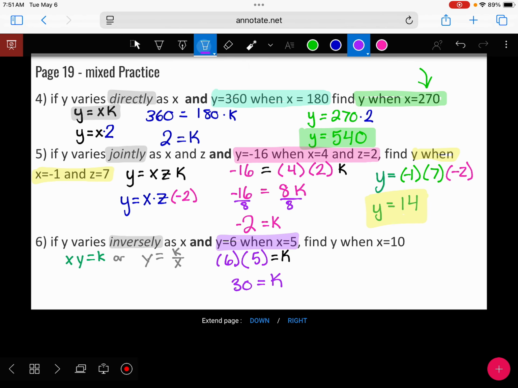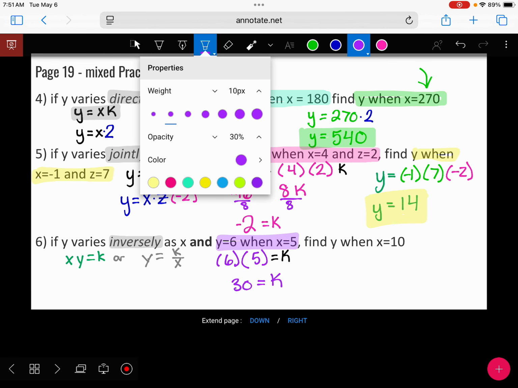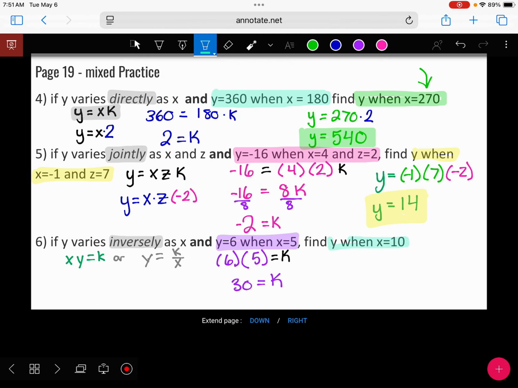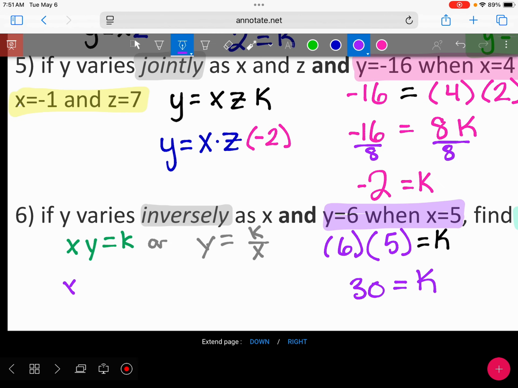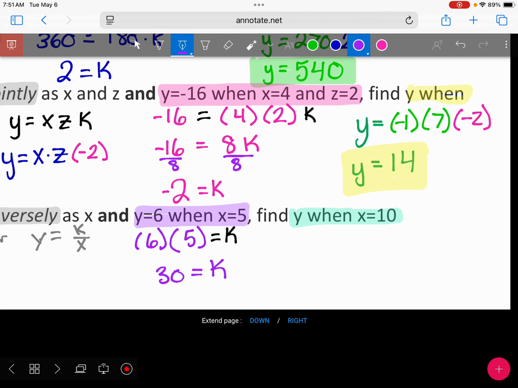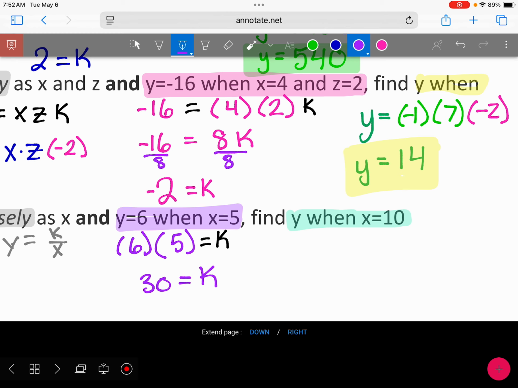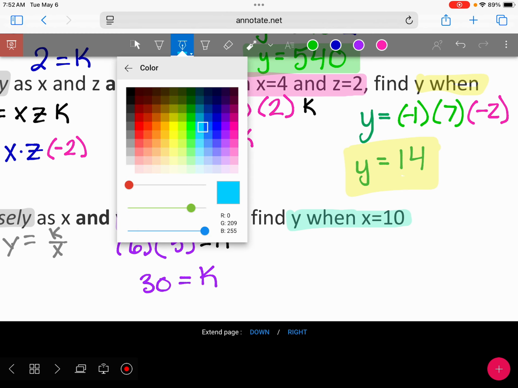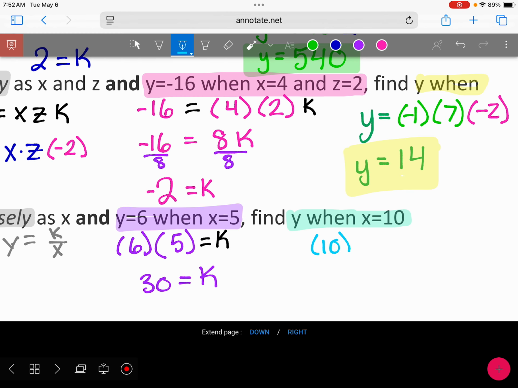So then the problem we're given, the one we're asked about, we're asked to find y if x is 10. So we know our k is going to be 30. So we know our x times y is going to equal 30. So we know that 10 times y is going to equal 30.